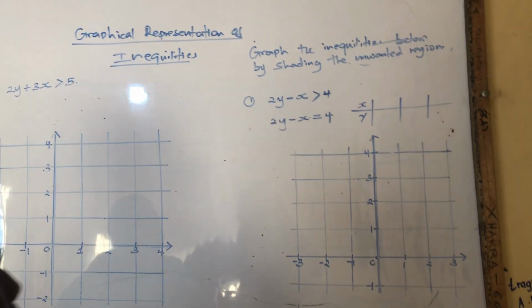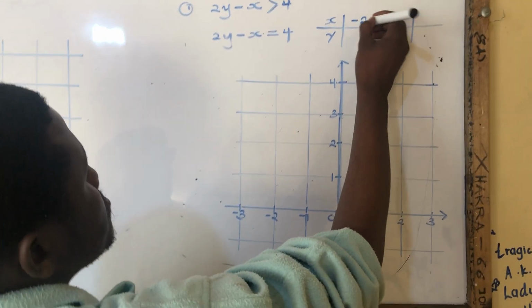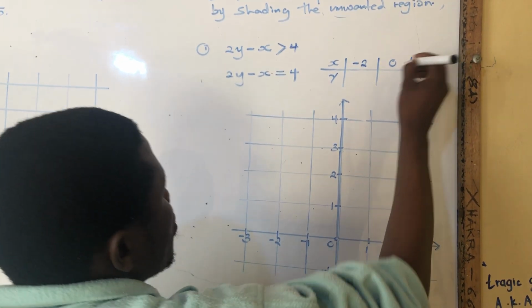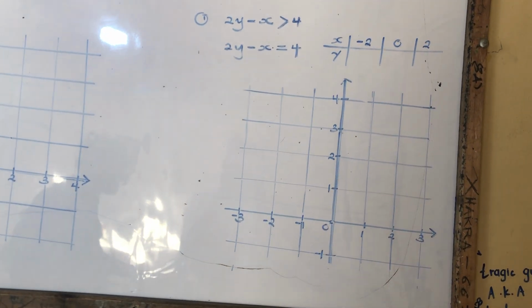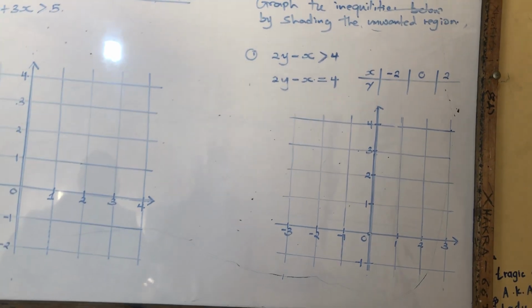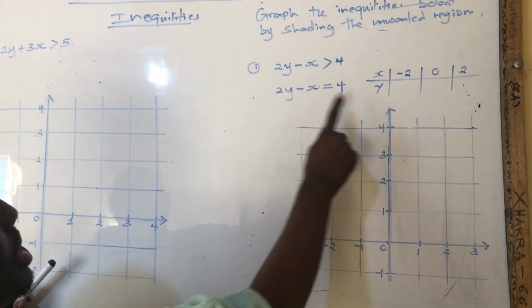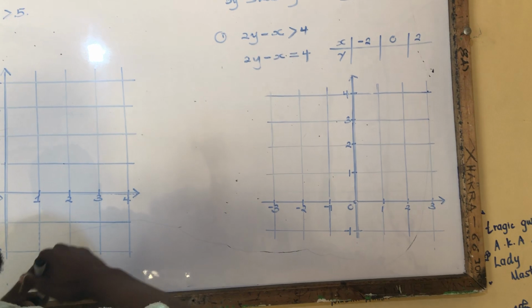In this particular case, allow me to consider the numbers -2, 0, and 2. Please take note, any other number could have worked. In my case, I have decided to consider the numbers -2, 0, and 2.